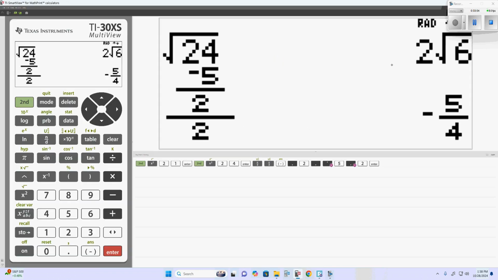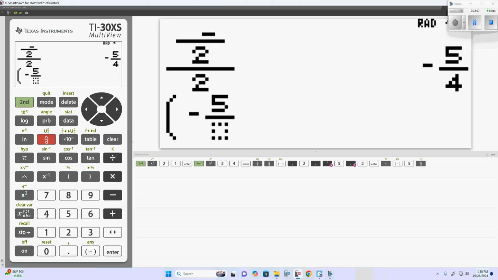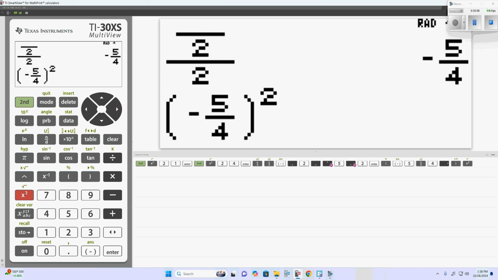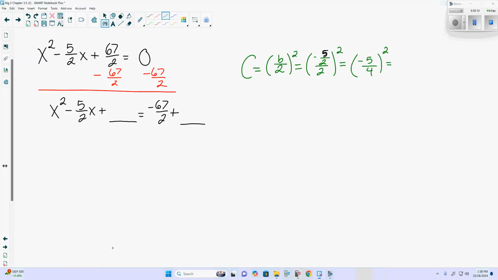And lastly, we need to square it. And negative 5/4 squared is 25/16.